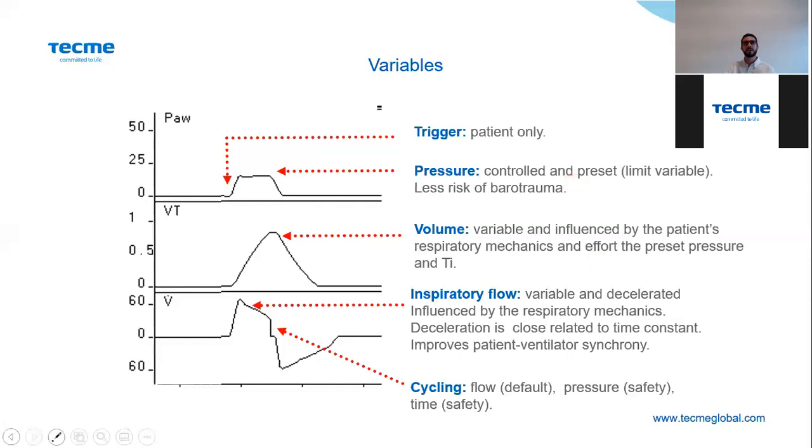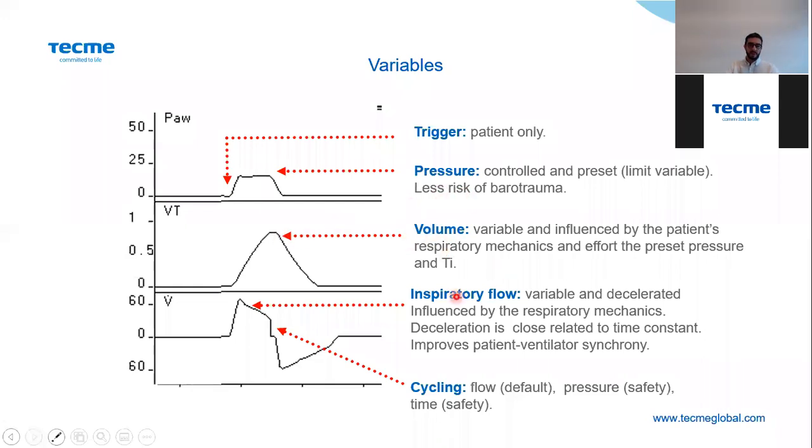So let's talk about the different variables. Here, the trigger, as I told you before, is patient only. That's why it's a 100% spontaneous mode. Then the limit is the pressure. This is the control and preset variable.